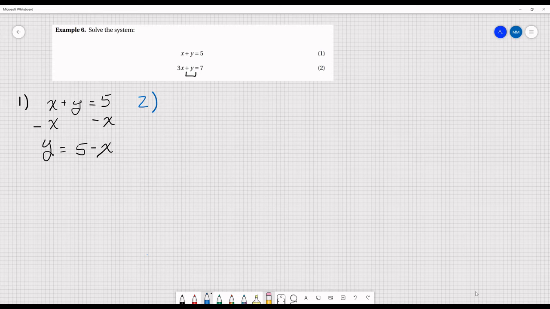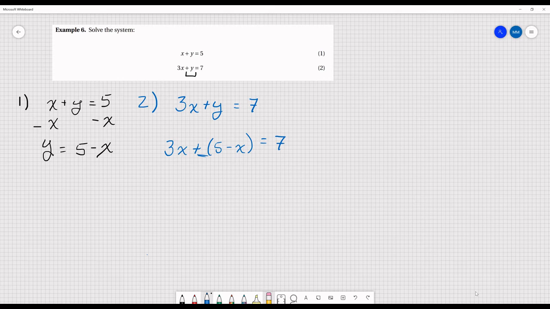Step 2 says, take this information and substitute it into the other equation. The other equation here is 3x plus y equals 7. Well, if y is equal to 5 minus x, I see a y here. I can just put that in here for y. So I can just write 3x plus, what is y? Well, y is 5 minus x.